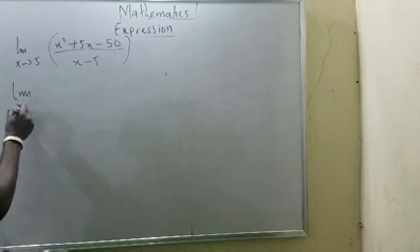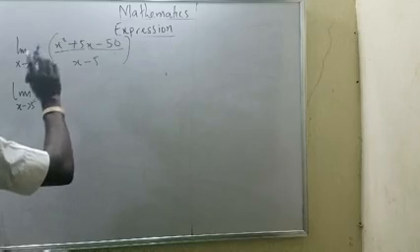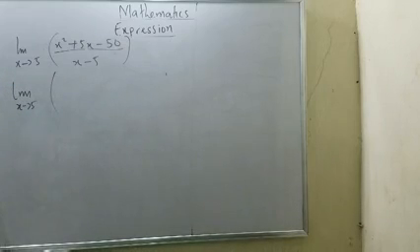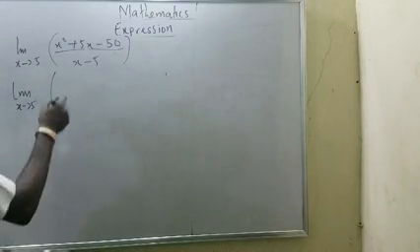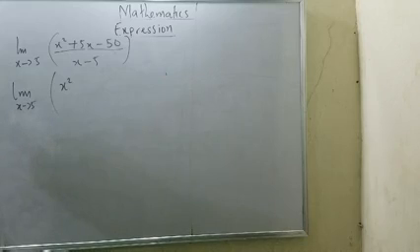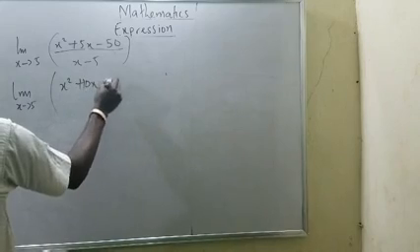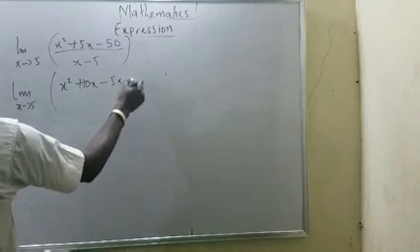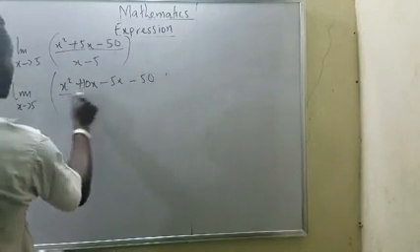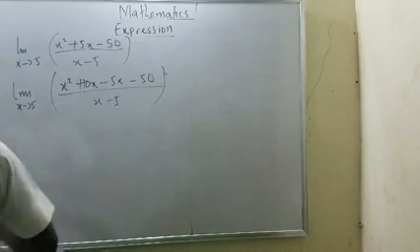I have the limit as x tends to 5 of, how do I get 50 and 25? Now, it means I can say 10 and 5. Now, x squared plus 10x minus 5x minus 50 divided by x minus 5. Now, what can I do?